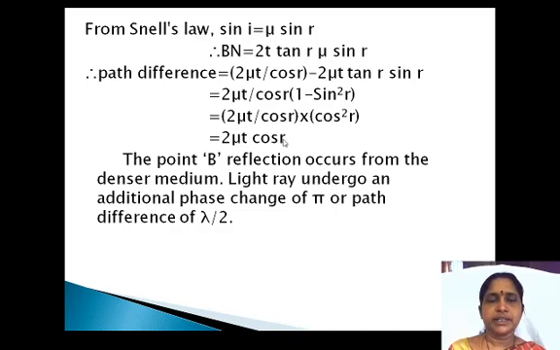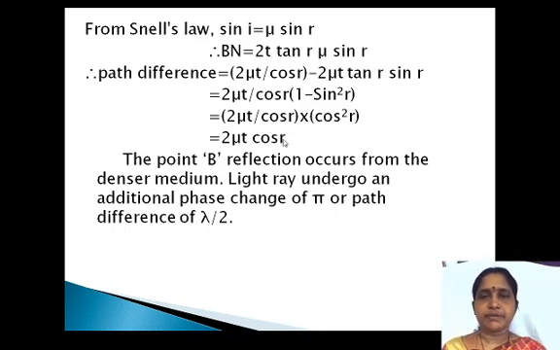In this diagram, at the point B, reflection occurs from the denser medium. The light ray undergoes an additional phase change of pi, or path difference of lambda by 2. According to Stokes' theorem, when light is reflected at the surface of a denser medium, it makes a phase change of pi, or path change of lambda by 2.